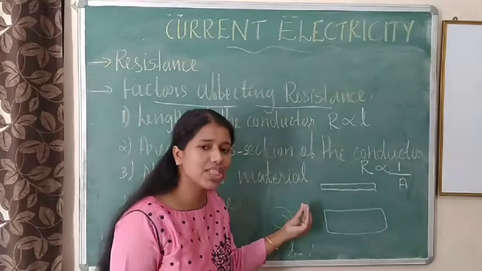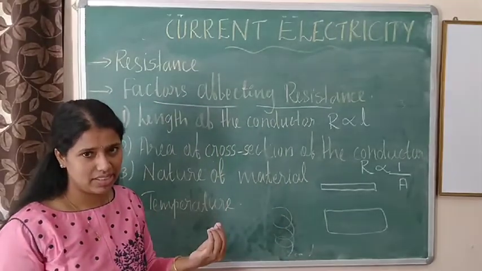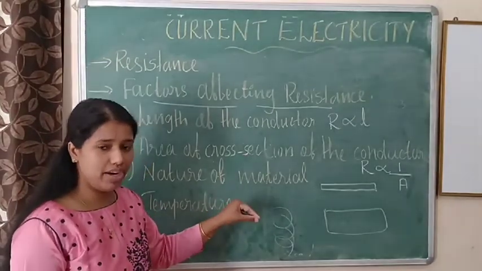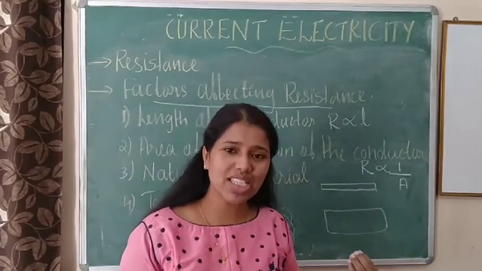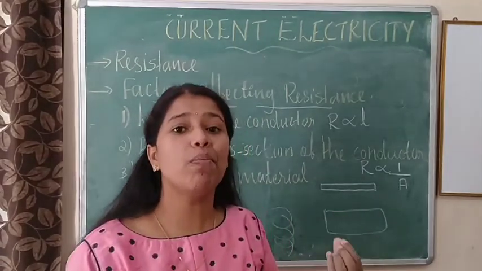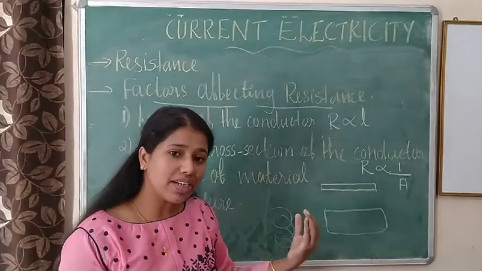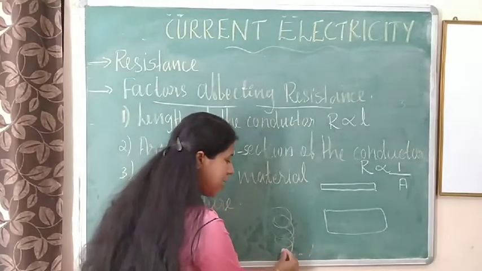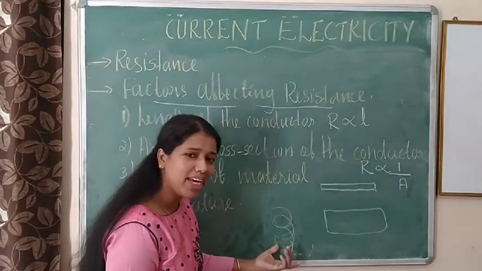Sometimes resistance is more, sometimes less. In the case of a heater, the wire is nichrome, and resistance is more. It opposes the flow of current. Current cannot pass easily, it takes time, and then it produces more heat.